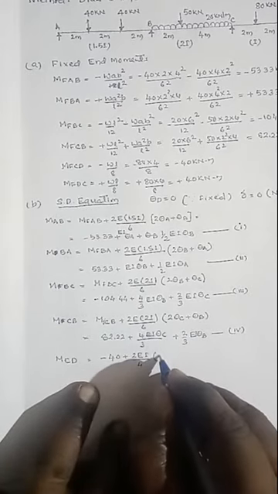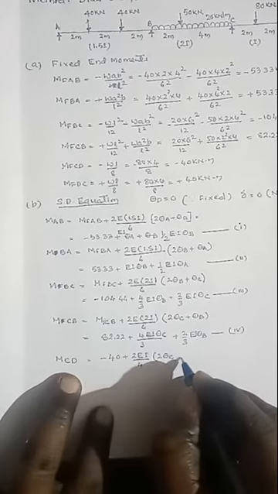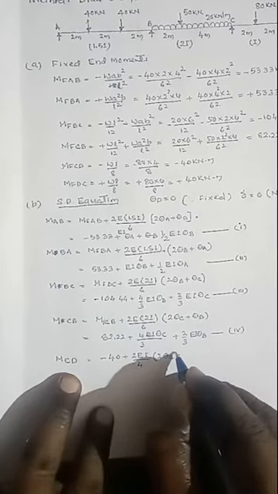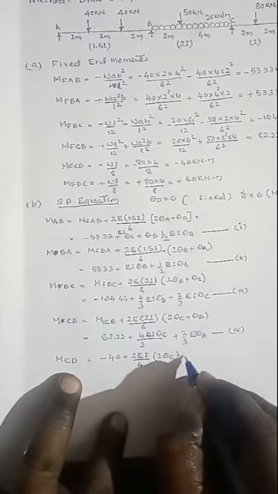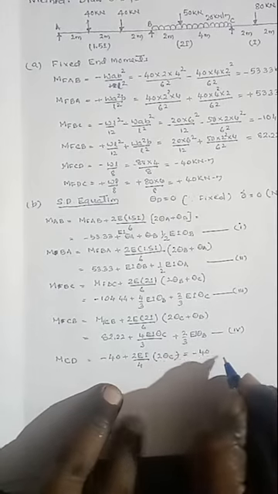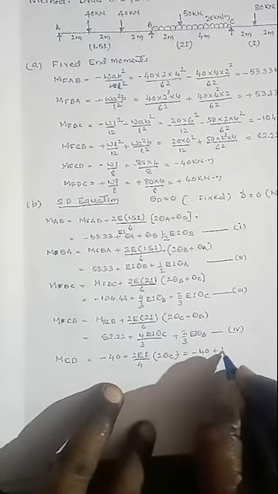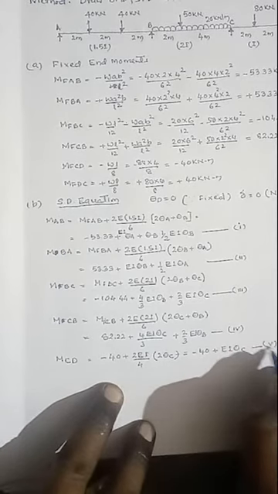The near end is C, that is 2 times theta C, far end is 0. Then complete this bracket, delta is also 0. This equals minus 40 plus 2 into 2, 4, that is EI theta C. This is equation number 5.